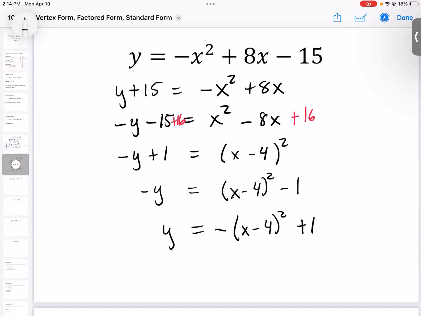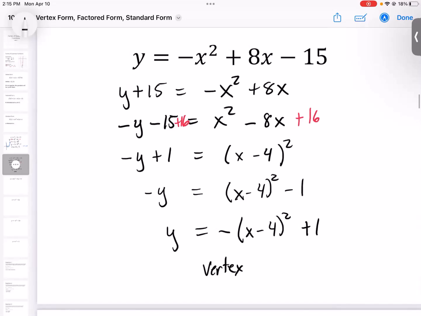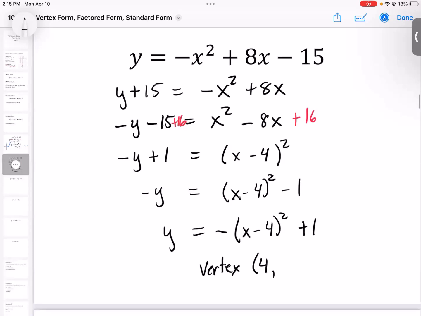Yep. So what does that mean my vertex will be? It'd be 4, positive 1 actually. Because this negative 4 tells me it's going to move to the right 4, but the positive 1 moves it up. So it's just the stuff inside of the parentheses. It might help if you think about it as the number that makes this 0.